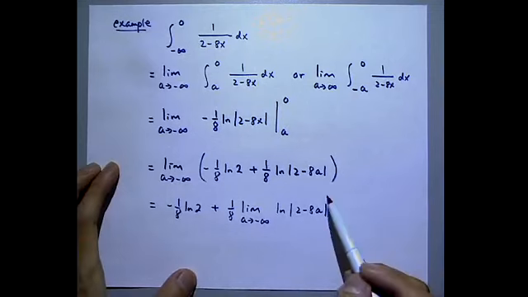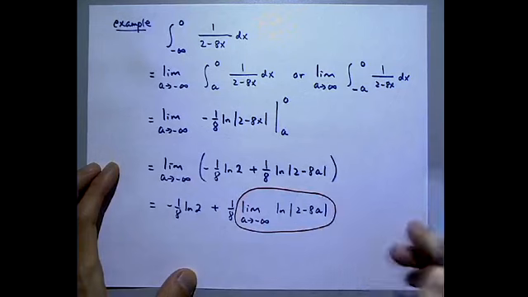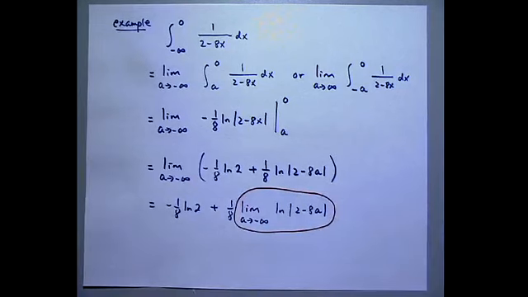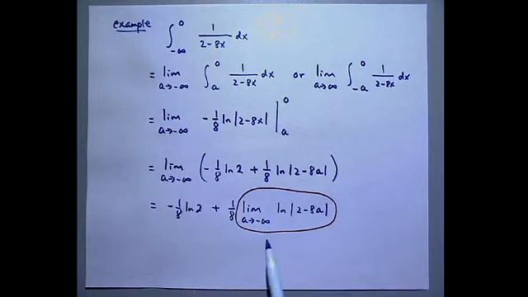All right, now think about what this is going to give us. When a becomes negative, gets closer to a very large negative number, this stuff inside here is a very large positive number. Yep. And what's the natural log of a very, very large number?